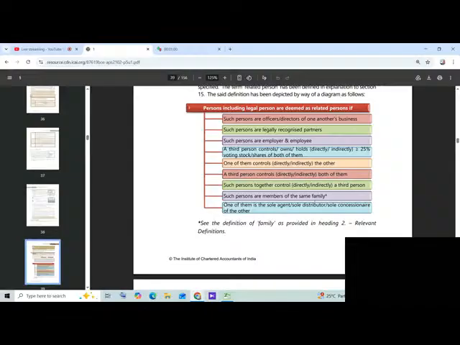One of them controls directly or indirectly the other. A third person controls directly or indirectly both of them. Such persons together control directly or indirectly a third person. Such persons are members of the same family. One of them is the sole agent, sole distributor, or sole concessionaire of the other.